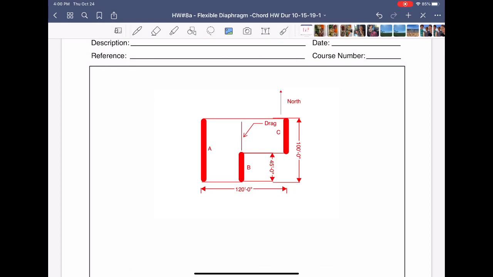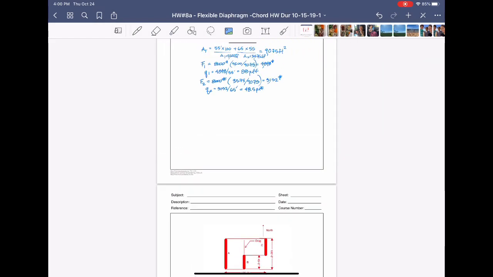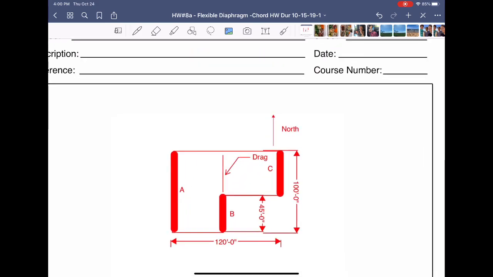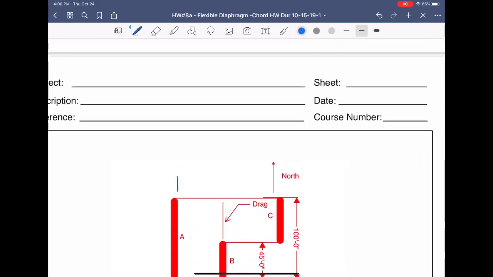We're saying that we got 88 pounds per linear foot for this one, and this is equal to 48.5 pounds per linear foot.